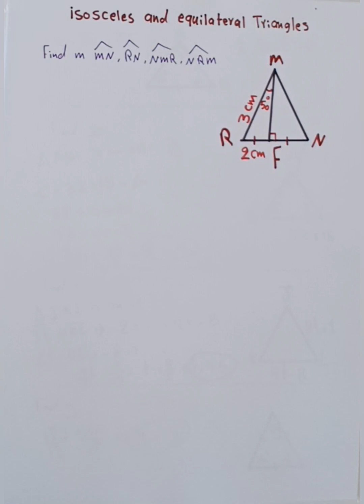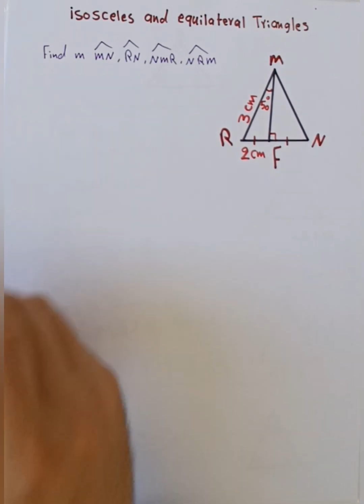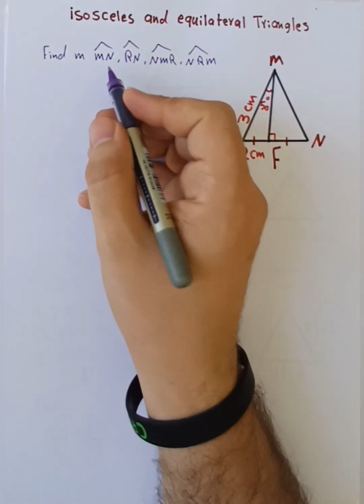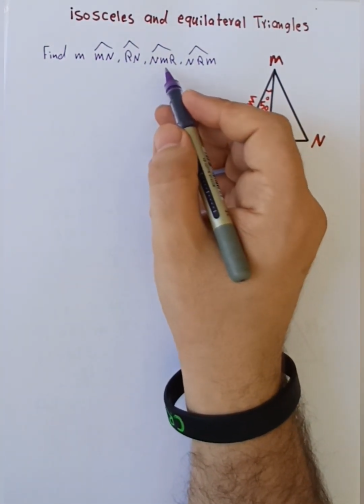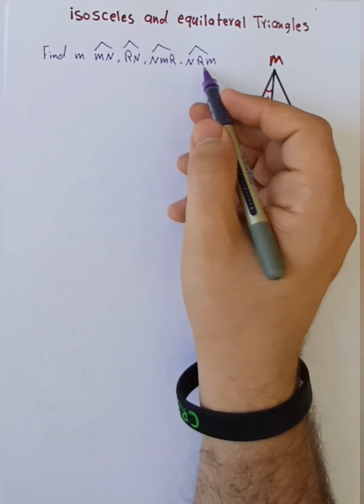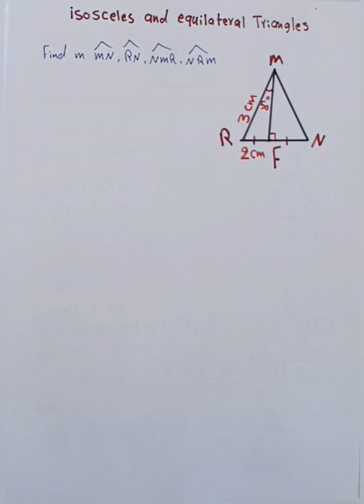After that, we have this example, the last example. We have this triangle. We have to find the measure of MN, RN, NMR, and NRM. So first, I'm going to find the measure of line segment MN.